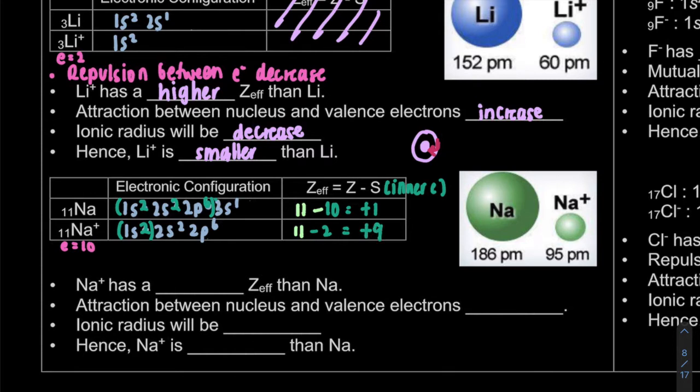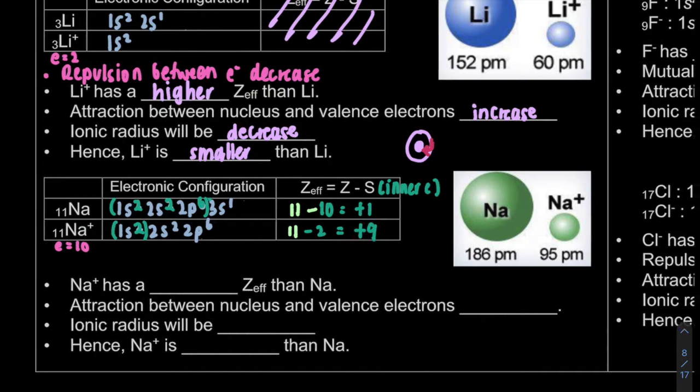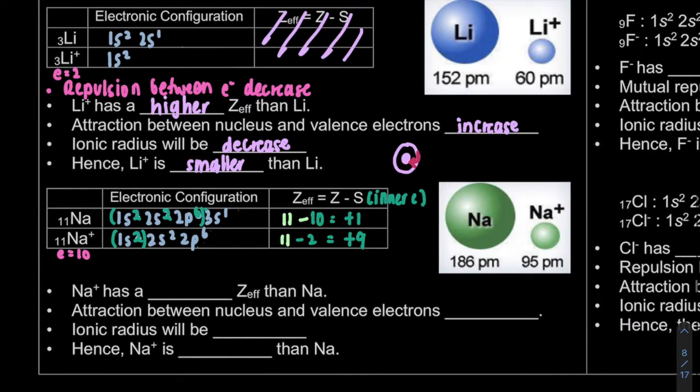As we can see here, if we form a cation, we will have a higher ZEF. So, when comparing the radius, first we compare that our cation has a higher ZEF than our sodium atom.